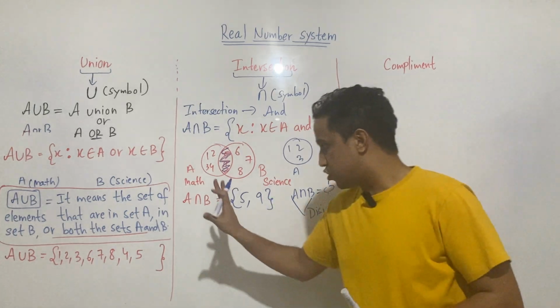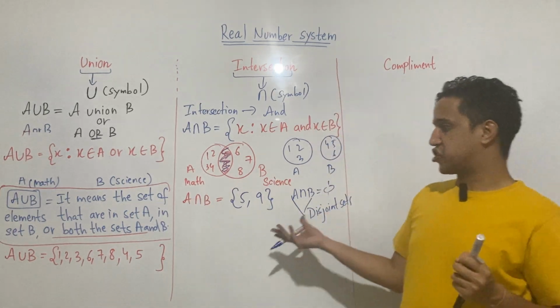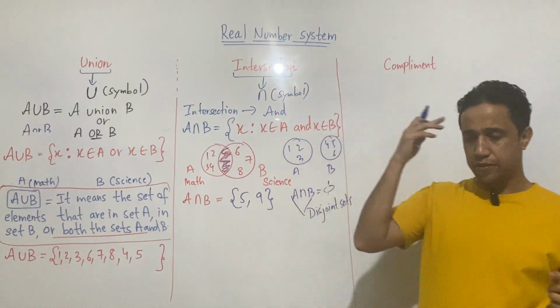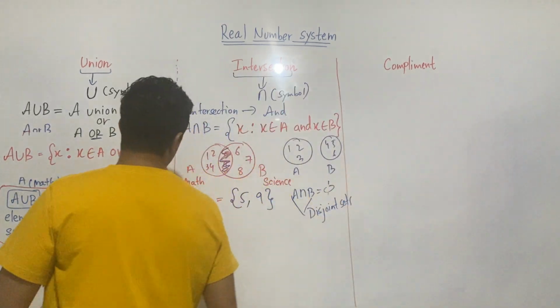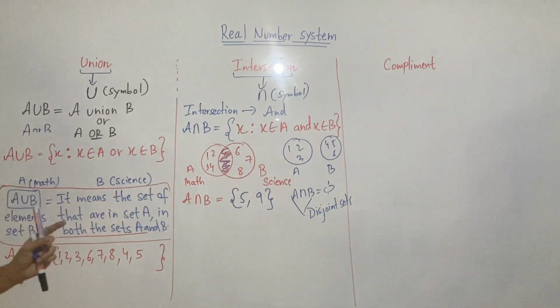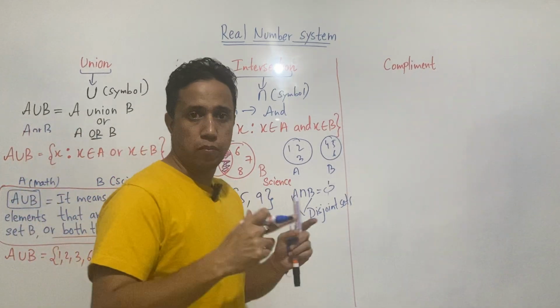When you see the intersection, it simply means that we have to find all the elements that are common to both the sets.